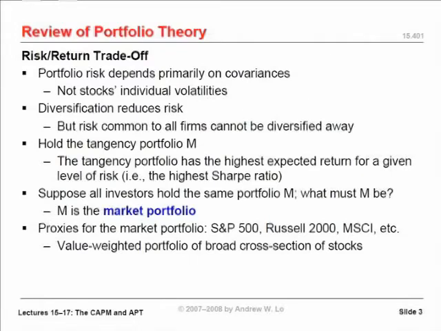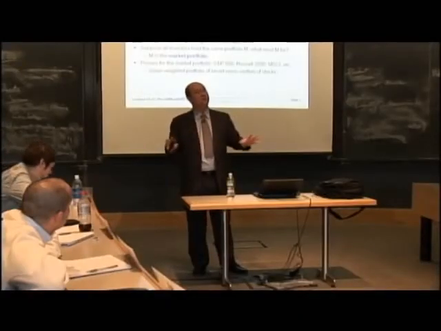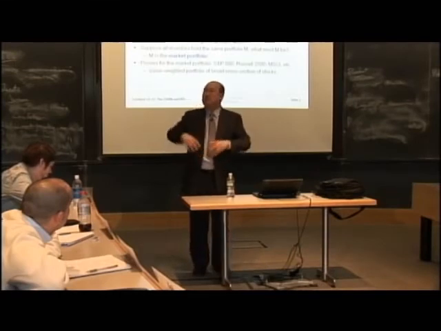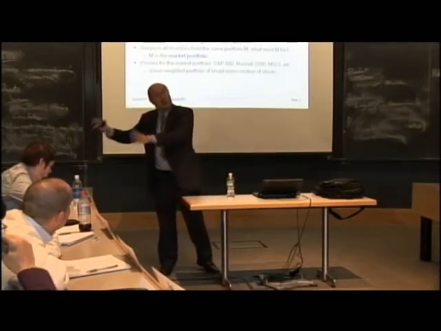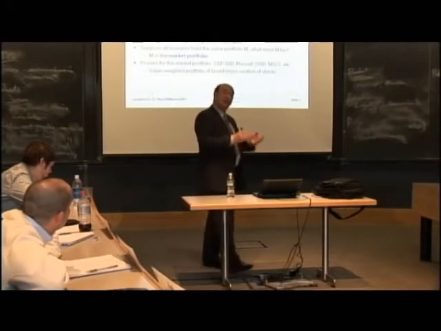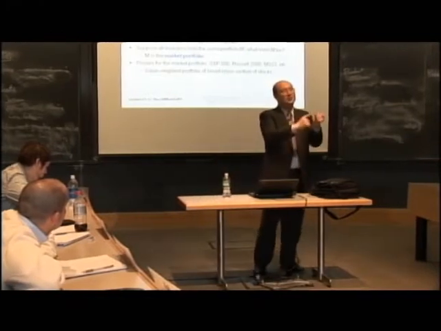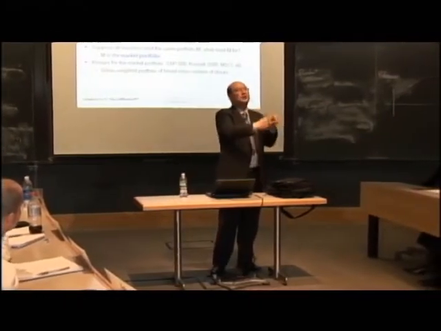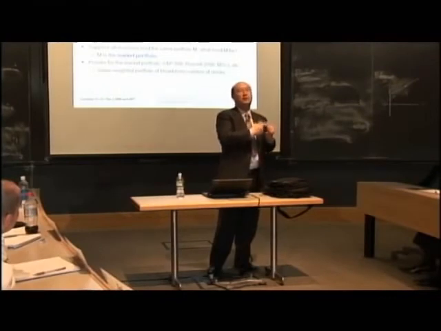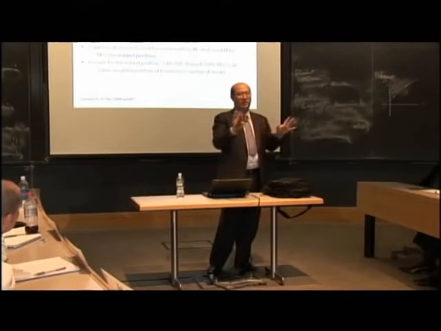So what that suggests is that all of you in this room would be absolutely indifferent between investing among the N stocks and T-bills on the one hand versus investing in two securities on the other. One security is T-bills and the other security is shares of mutual fund M.